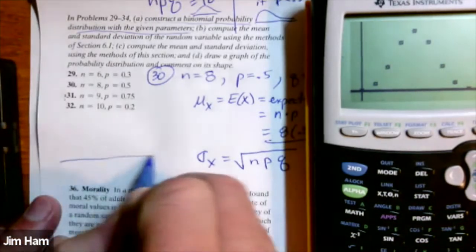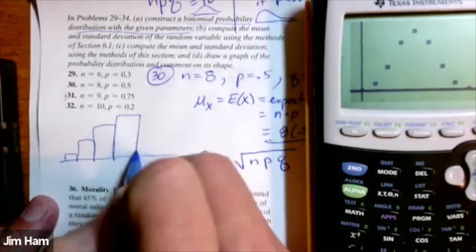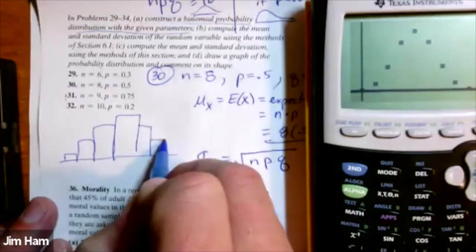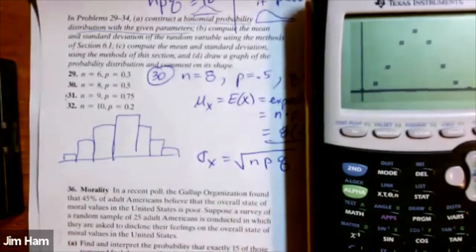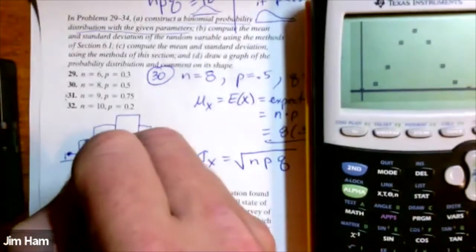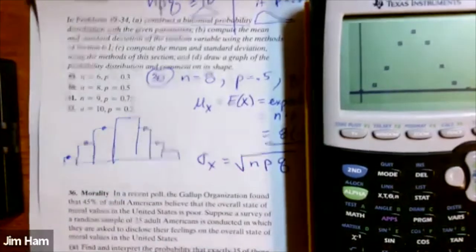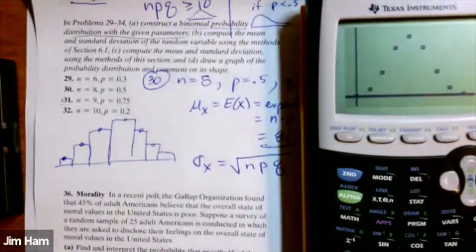So if we were to draw a graph, it would look like this. High in the middle and then kind of coming out this way. Bell-shaped. This would be the scatter plot that corresponds to it. If you just kind of connect these points here, you would have this graph.